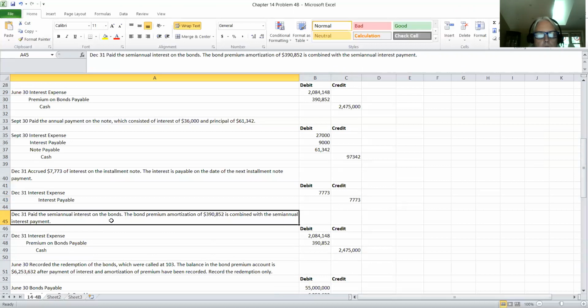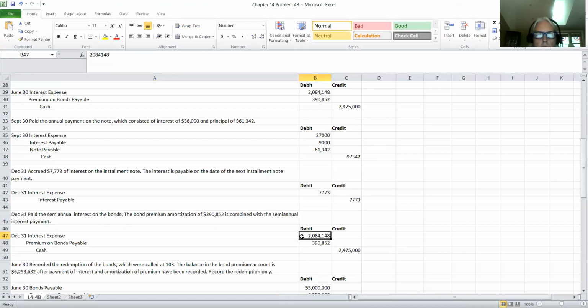On December 31st, we also paid semi-annual interest on our bonds this time. The bond premium amount was again $390,852. And so we will debit our bond interest expense for $2,084,158. Notice it's exactly the same as what we did the last June 30th.